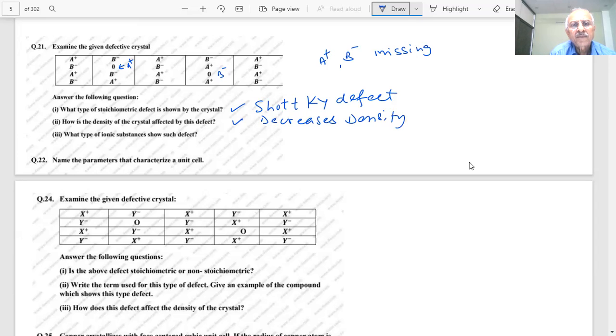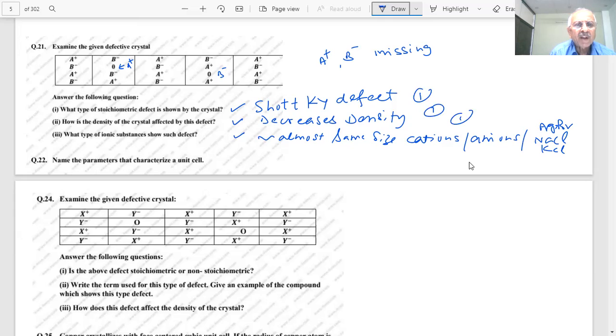It is shown by those ionic substances in which there is not much difference in the size of anion and cation, almost the same size. Example, NaCl, KCl. Sometimes they ask for an example also in the paper, so you get full marks.